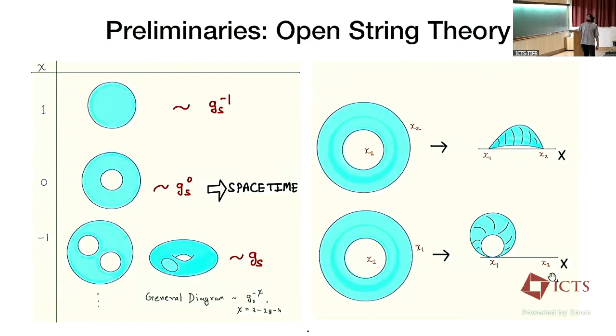And you can imagine them being embedded in space-time like this. This annulus has one boundary getting mapped to this particular point in the space-time, x1, because you have a Dirichlet boundary condition along x, and this other boundary getting mapped to this other point. Similarly, you can have two boundaries getting mapped to a single D-brane as well, which is shown here.